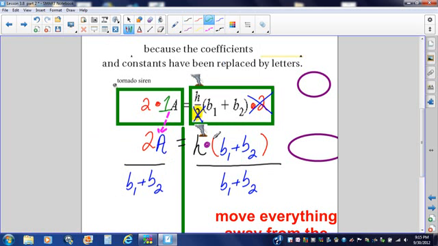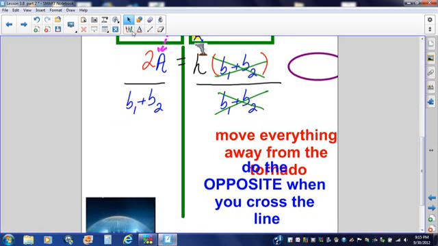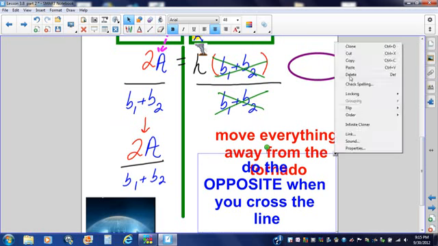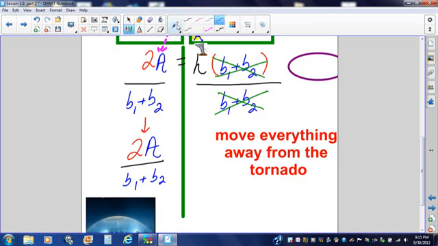These are going to get in a fight. Mr. Houchin's going to say, "You're out of here. Go to ALC." So now I have 2a over fraction bar b1 plus b2. What do I have left on the other side? All I have left on this side is h, or my tornado.